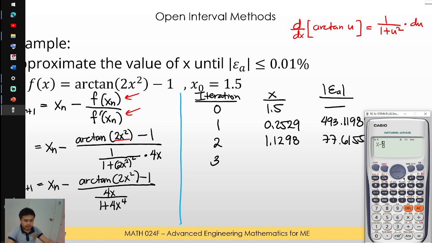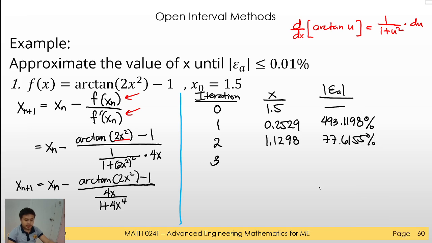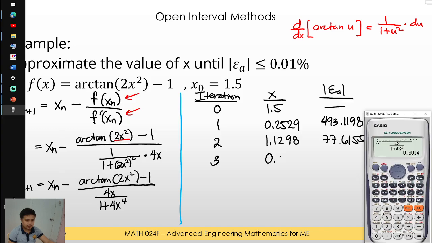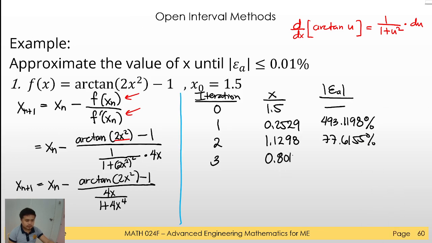Let's do it again. Tangent of 2x squared, in radians, minus 1, now we have 4x over 1 plus 4x to the fourth power. So calc, we have 1.1298, and it became 0.8014.